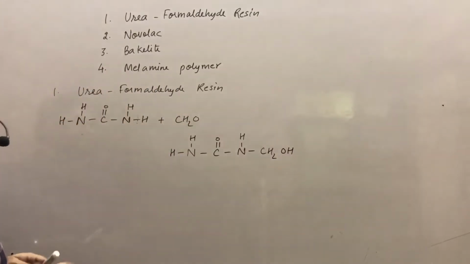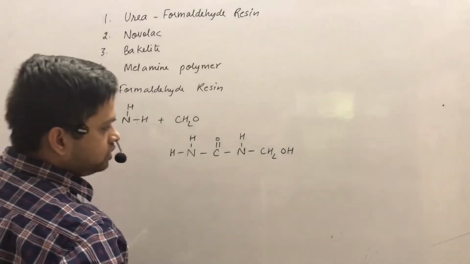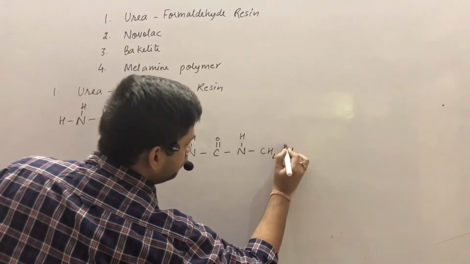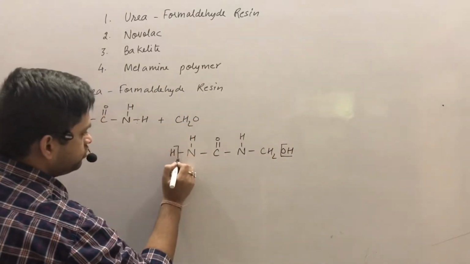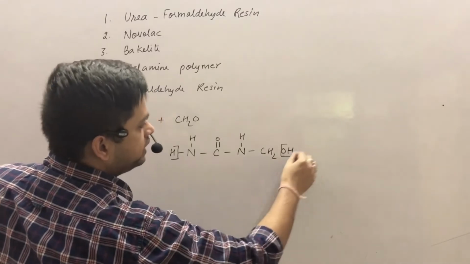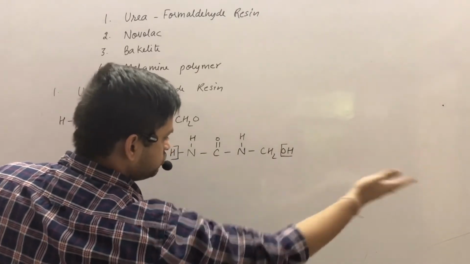Now this is the repeating unit, and after condensation reaction or elimination of water, OH from this side and H from this side, OH of this monomer and H of the next one.